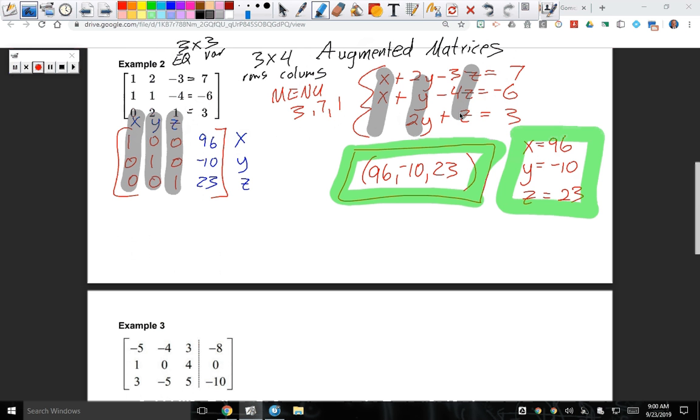So our x, y, and z answers will go x is equal to this, y is equal to this, and z is equal to this. That's our goal. Questions? All right, here we go.